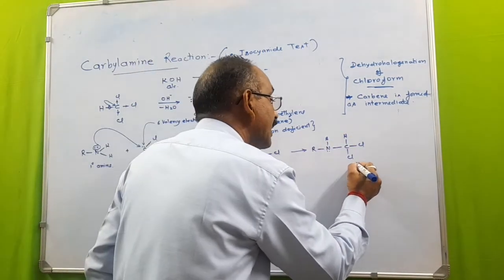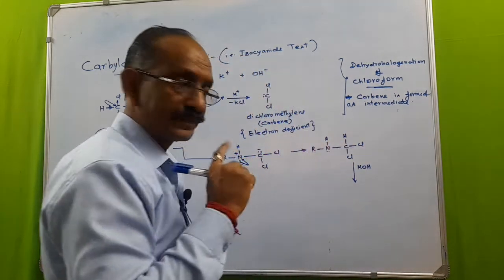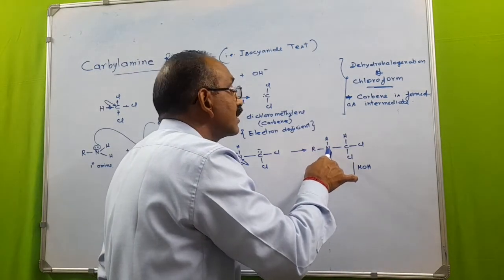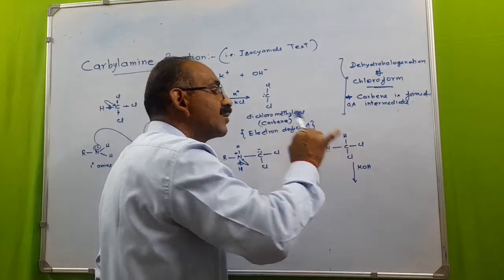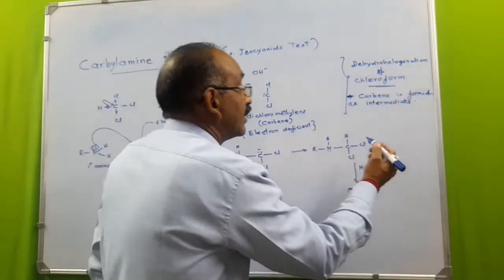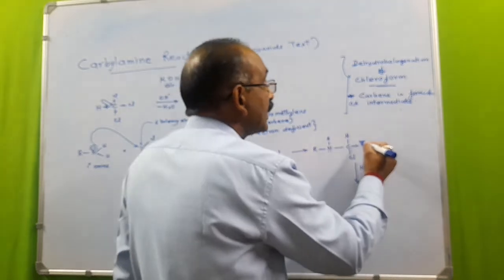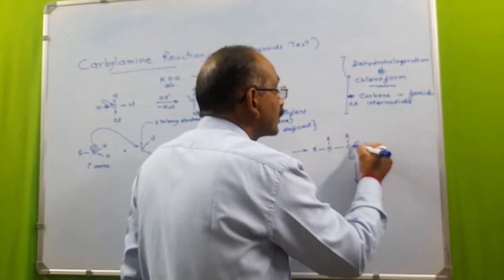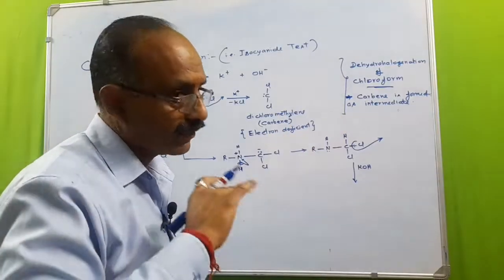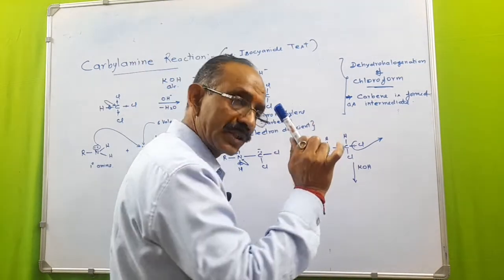Now since we are taking in the medium alcoholic KOH here, what happens? Here the hydrogen is linked over the third most electronegative element, nitrogen, meaning this hydrogen is having an electropositive character. Here what happens, one of the Cl of C comes out, along with it the electron pair of the C-Cl bond in the form of Cl minus. As a result, this carbon will become positively charged.